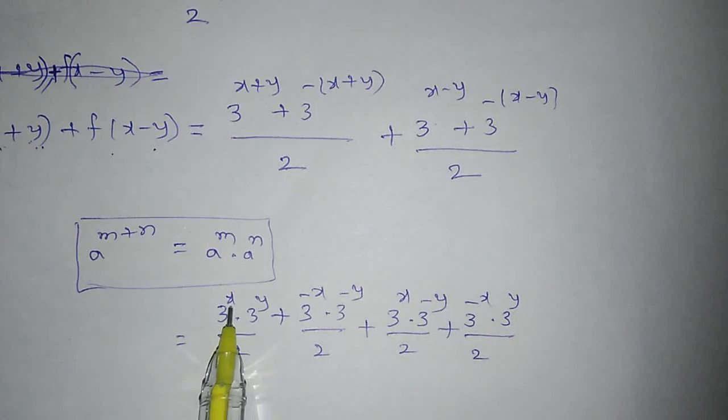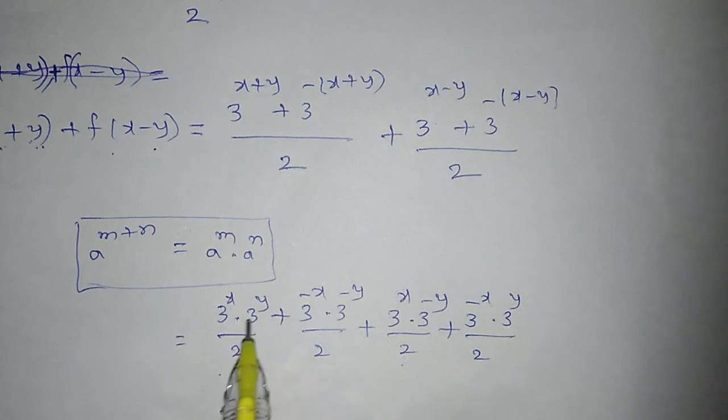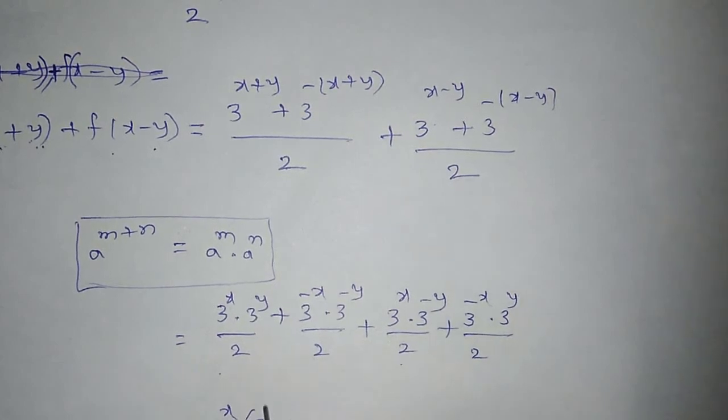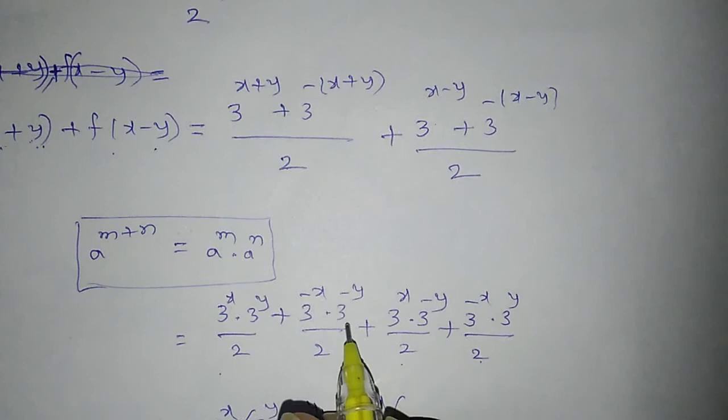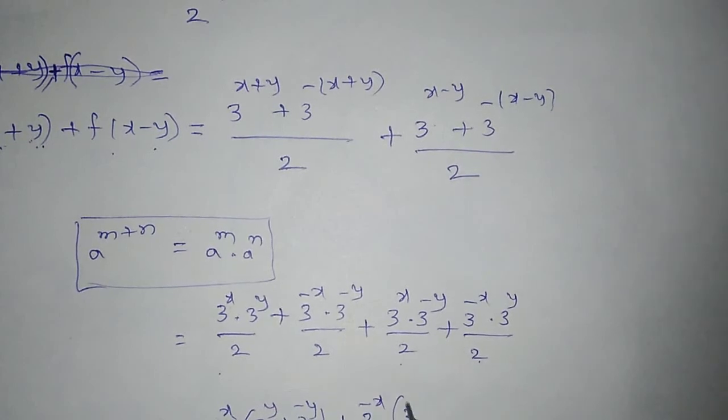So observe here, 3 power x by 2 is there, here also 3 power x by 2 is there. If I take 3 power x by 2 common, so here I have 3 power y, here I have 3 power minus y, plus here 3 power minus x by 2 is there, here also 3 power minus x by 2 is there. If I take 3 power minus x by 2 common, this is 3 power minus y, this is 3 power y.